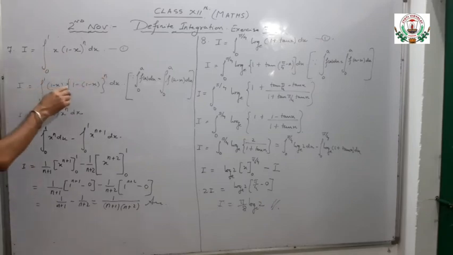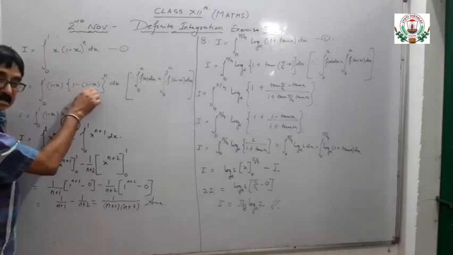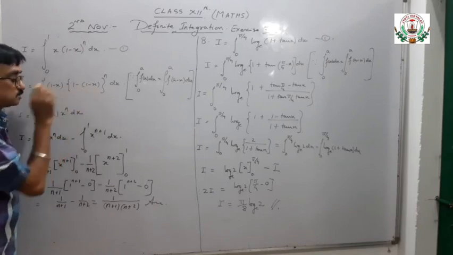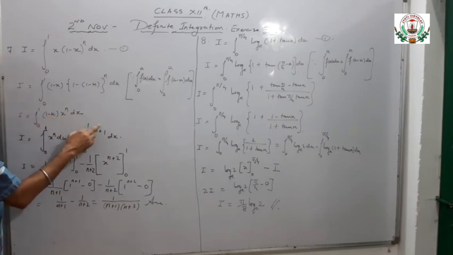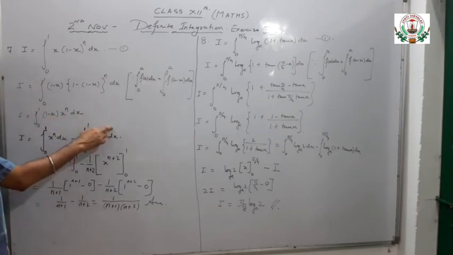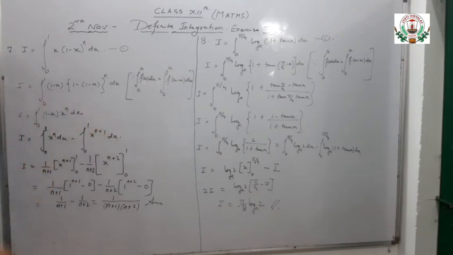When we simplify, 1 minus 1 plus x, 1 minus 1 will cancel out. So we are left with integration 0 to 1, 1 minus x, x to the power n. Now we can multiply x to the power n into 1, x to the power n, integration 0 to 1, minus x to the power n into x, x to the power n plus 1 by law of exponents, dx.